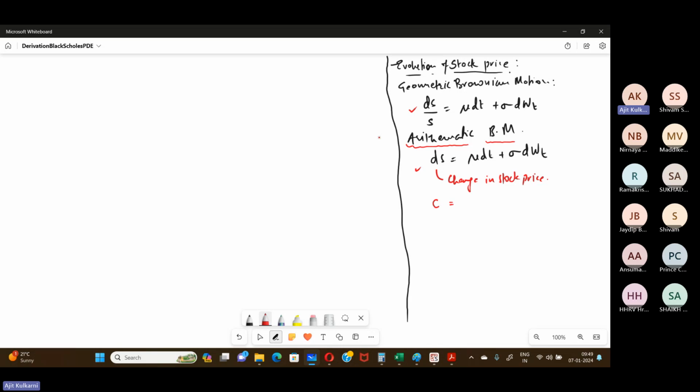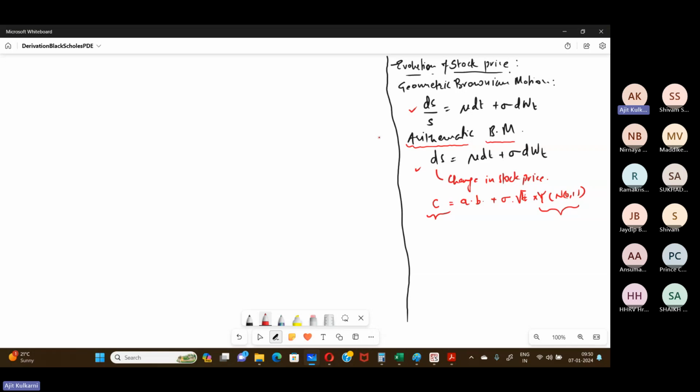Okay, now mu is constant. So this is A. This is also constant. Let us say B. Okay, plus sigma is also a constant. And dWt can be written as square root of dt multiplied by a random variable which is standard normal distributed, correct? So whatever is the distribution of this is the distribution of this, because everything else is a constant.